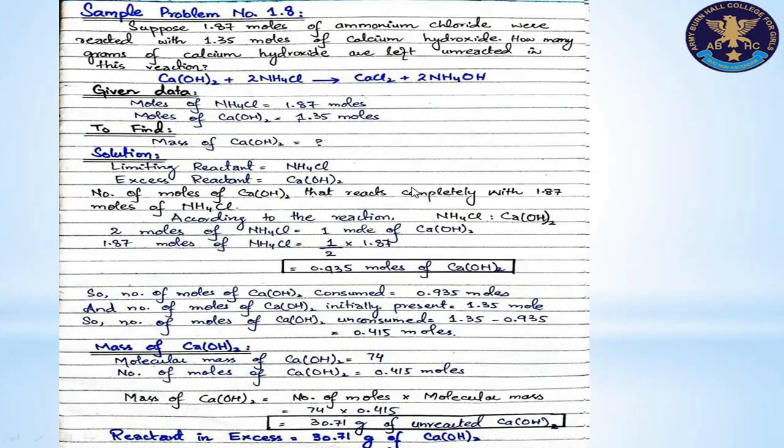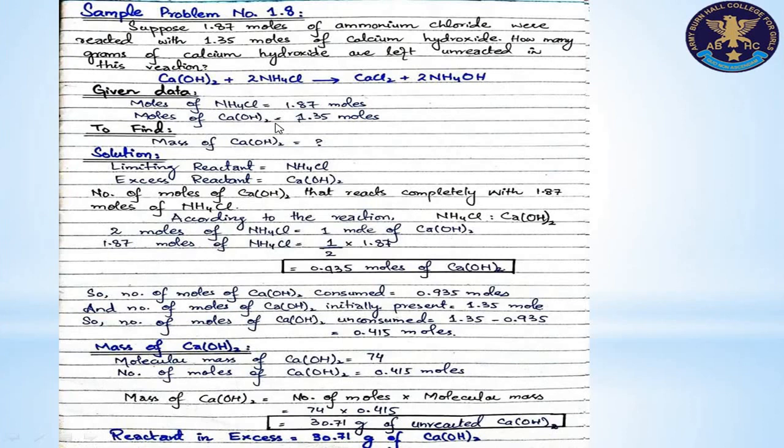According to this equation, we have to compare this ammonium chloride with this calcium hydroxide. Here the ammonium chloride is the given quantity, while the calcium hydroxide is the desired quantity. This balanced chemical equation indicates that 2 moles of ammonium chloride is equal to 1 mole of calcium hydroxide.